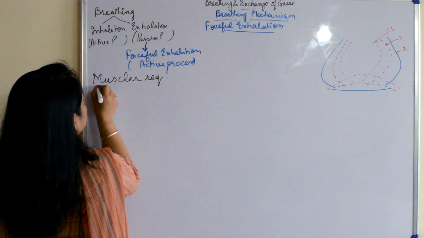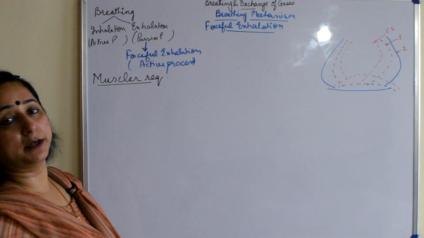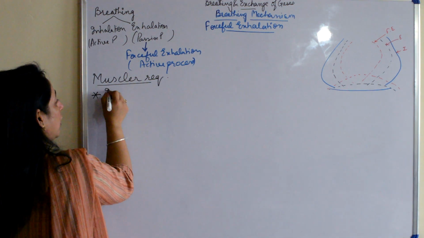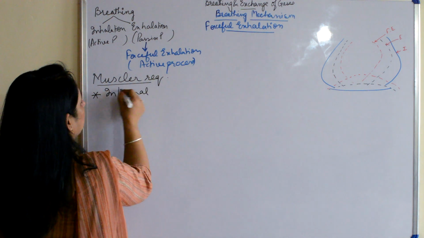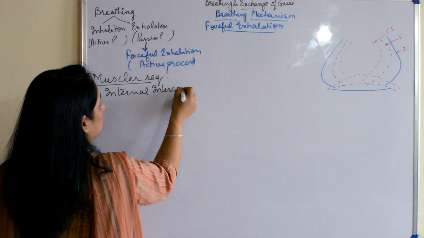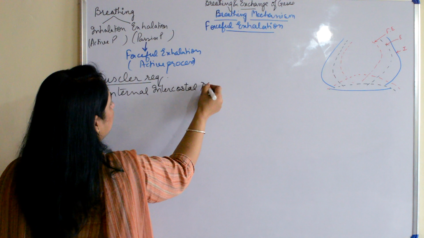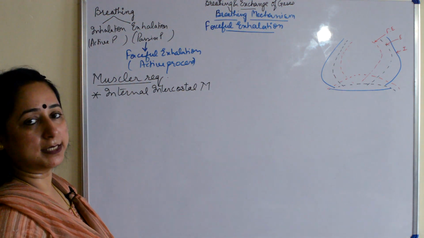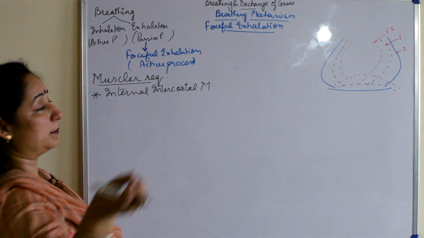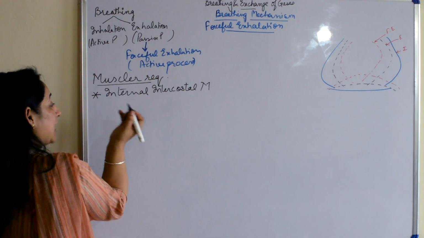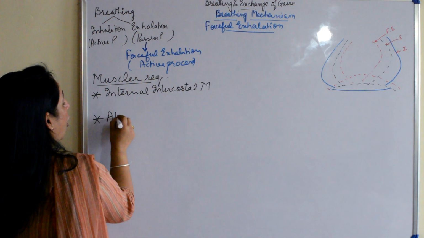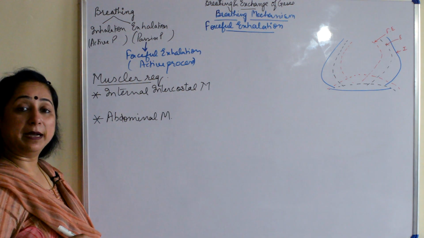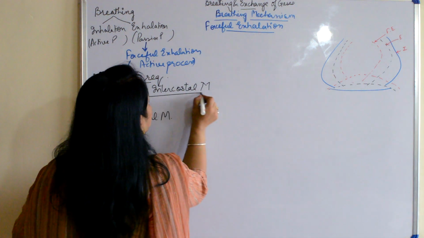As I told you, it's called active because herein involvement of muscles is there. The muscles involved are first of all internal intercostal muscles. If you remember, in our previous video for inhalation the muscles used were external intercostal muscles. Here it's internal intercostal muscles plus abdominal muscles.